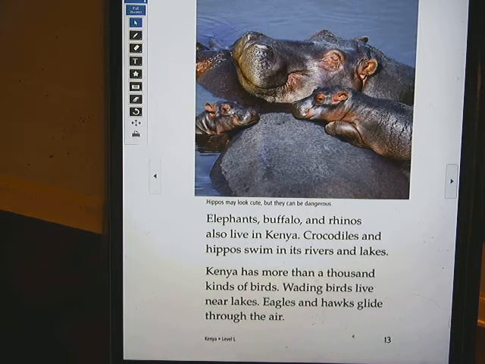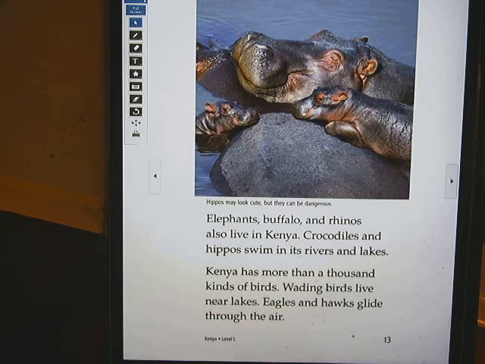It means walking through water or another liquid or soft substance. So wading birds are birds that walk through water. And why I say water, not another substance, is because they live near what? They live near the lake. So they're wading birds that live near the lake, walking through water.